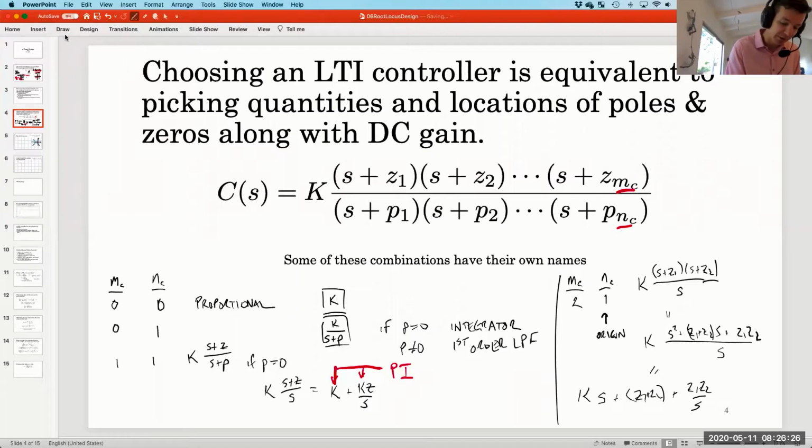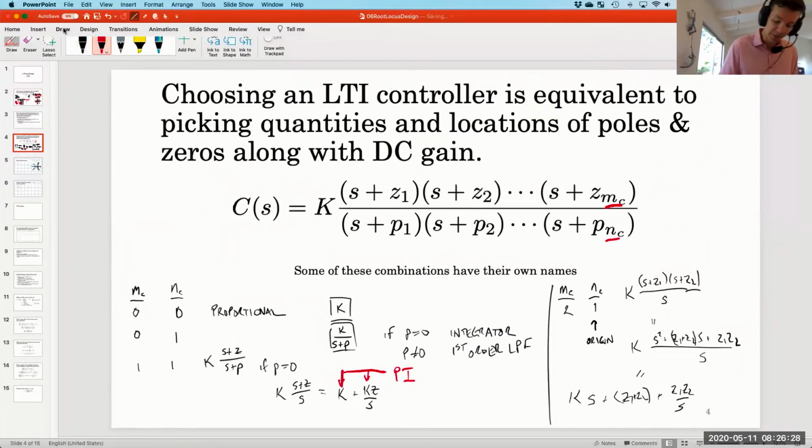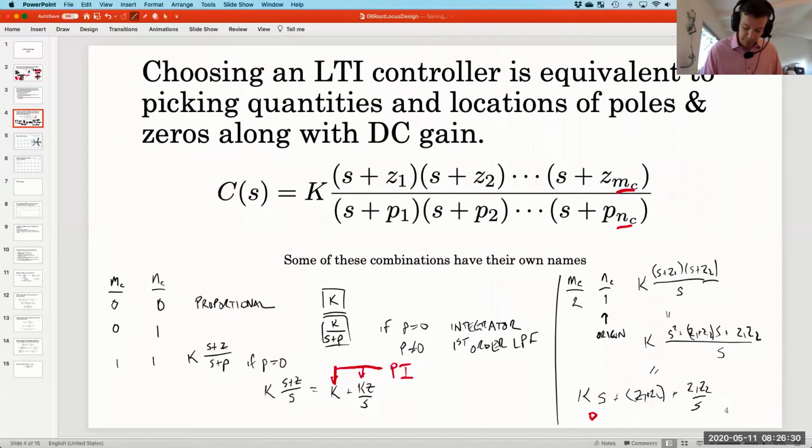And so the big picture here is that we have a derivative, a proportional, and an integral term. Okay, so this controller will tell the actuator what to do based on the weighted sum of the derivative of the error, what the error currently is, and what the integral of the error is.